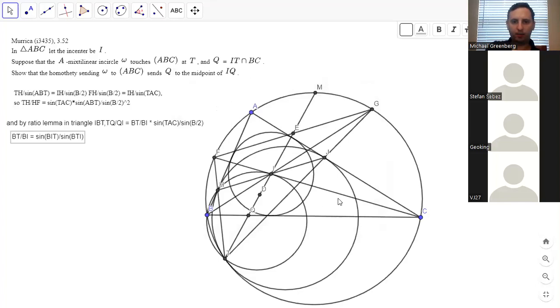And so BTI is half of arc BAM, right? But BIT, it's half the sum of arc MG and arc BT.